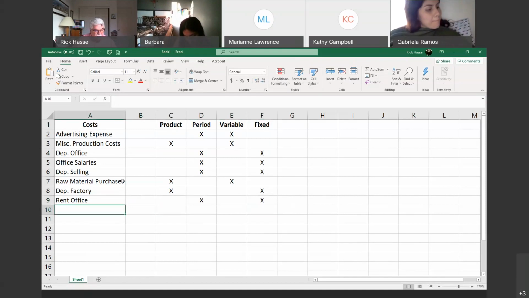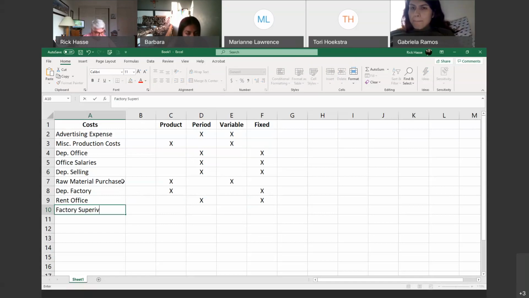All right, Tori. Let's see. How about factory supervision, Tori? Factory supervision is a product. Yes, product, sorry. Very good. Fixed or variable? And that is fixed.